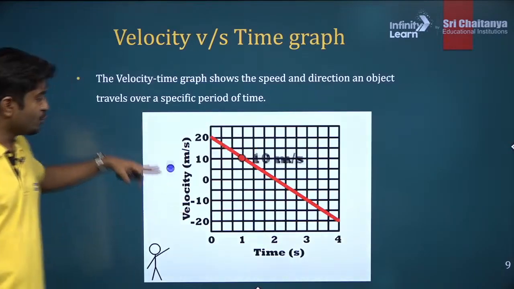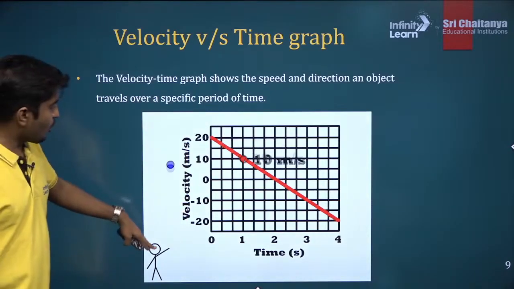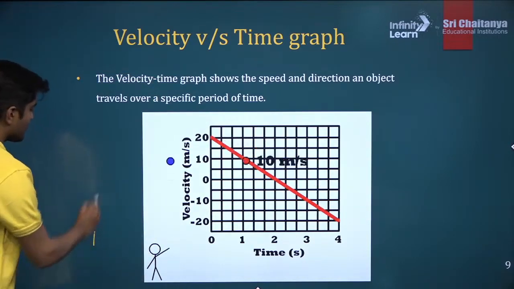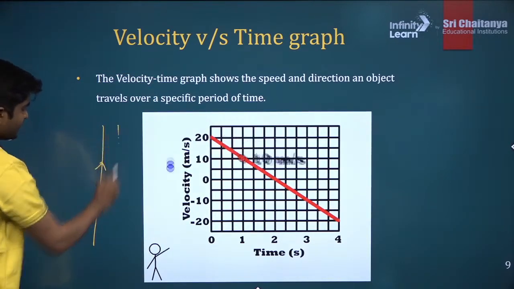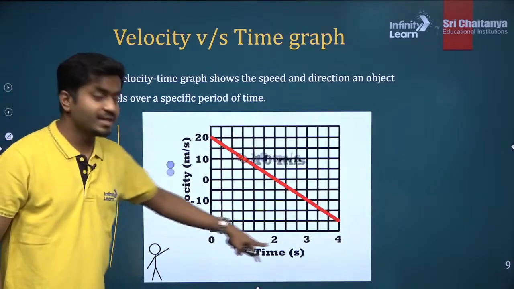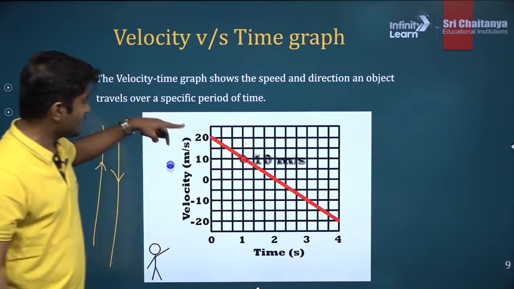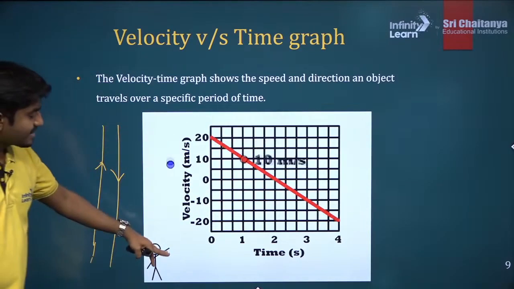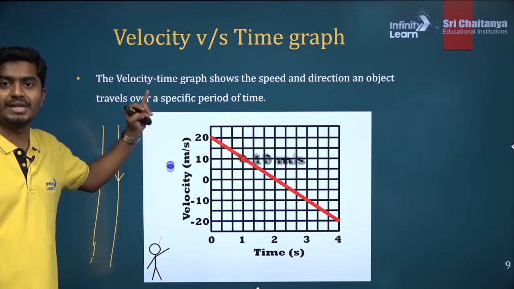Before that, I want to show you this graph. Now this object is going up, coming down. The object is going in the upward direction, then coming back in the downward direction. So this is a velocity versus time graph. How does it look? At the beginning, when the object is going up, it has a maximum speed in the upward direction.